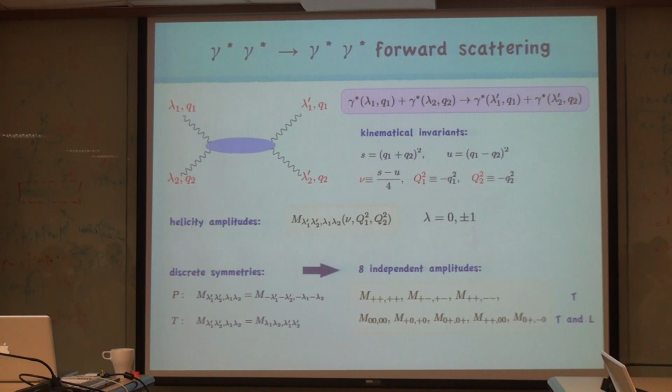You can characterize these 8 in 2 groups. There are 3 amplitudes which involve, and what I'm going to indicate as plus and minus means plus and minus 1. The 2 right indices are the initial state helicities, and the 2 left indices are the final state helicities. For instance here, this means you have positive helicity for all the photons.